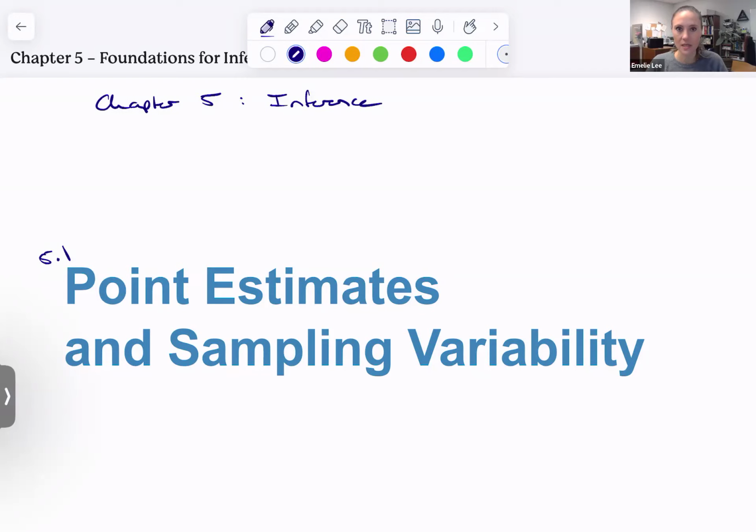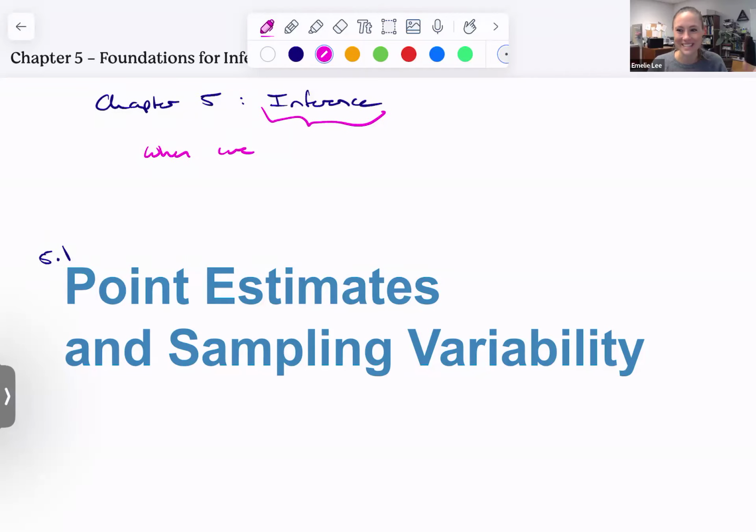Now, inference. Inference is what statistics is all about. Inference, and maybe I'll even use a pink pen because it's so important, is when we use sample information to infer something about the population. But Emily, isn't that what statistics is?